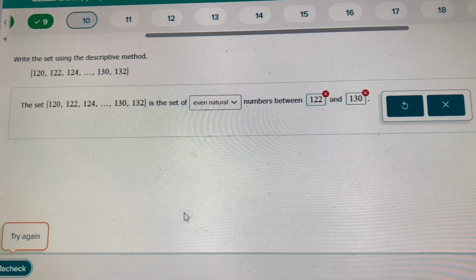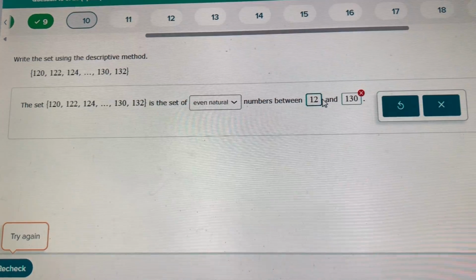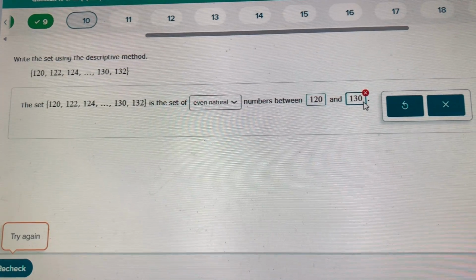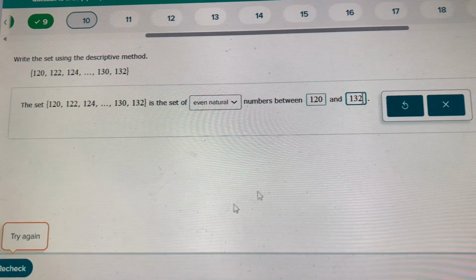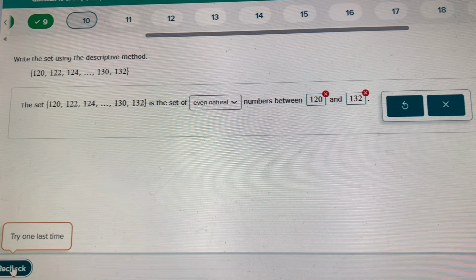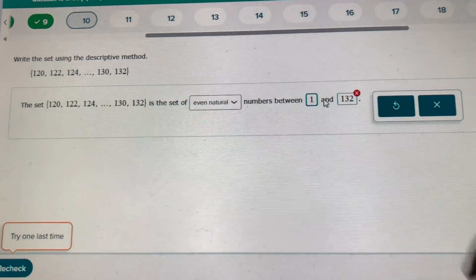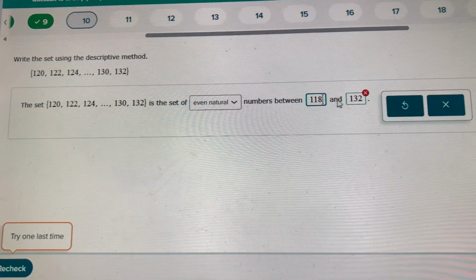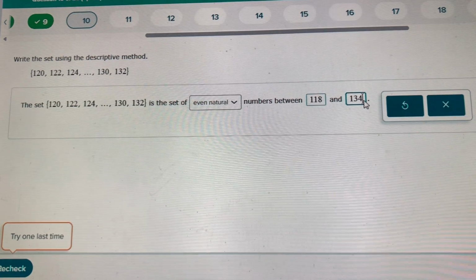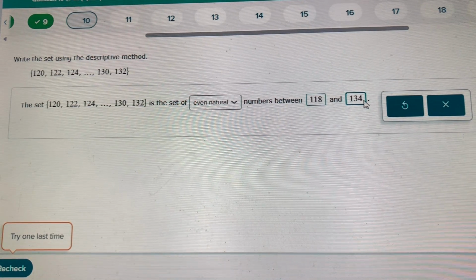Oh, no, I guess that was another problem I'm thinking of. Okay, so maybe this one does want 120. I remember that happened one time, but I guess it wasn't this one. That's always the trick there. Okay, wait a minute. Numbers between 120 and 132. That's weird. Set up even natural numbers between 120. Okay, no, I know what it is. It's 118. Yeah, you have to go 2 the other way. Between 118 and 134 because those are not included.